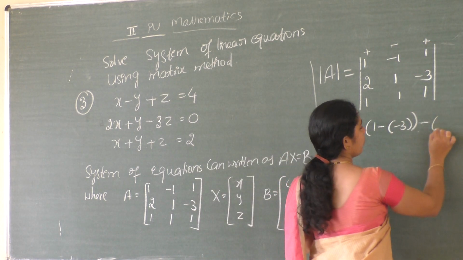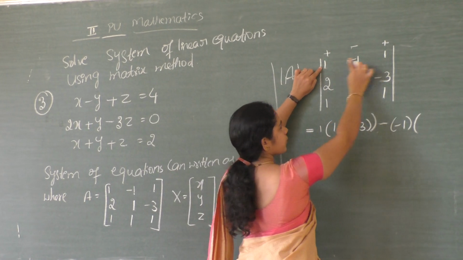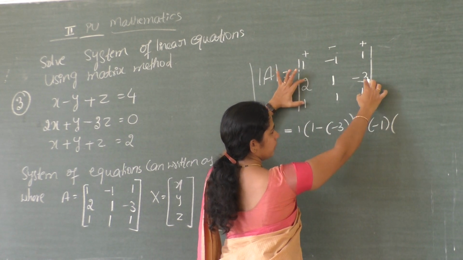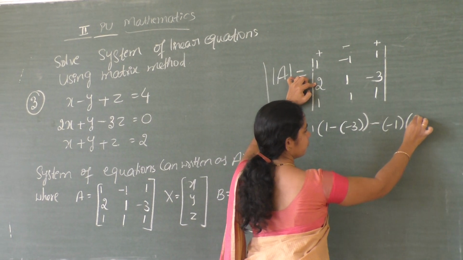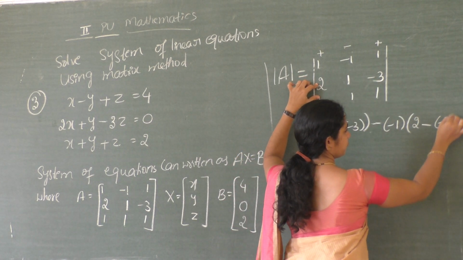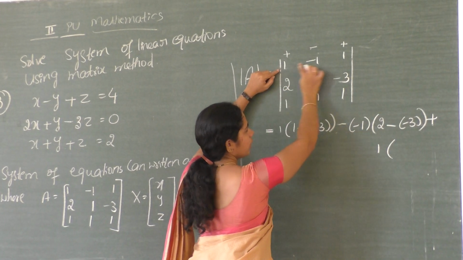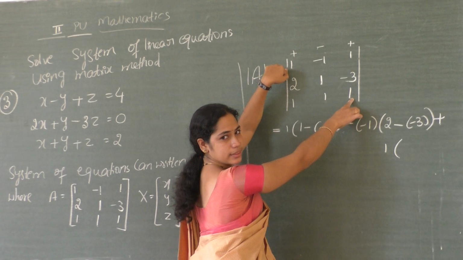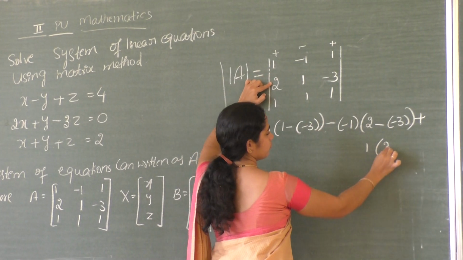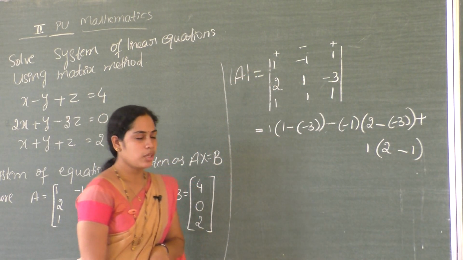Minus -1 into, delete first row and second column: 2, -3, 1, 1. Plus 1 into, delete first row and third column: 2, 1, 1, 1.